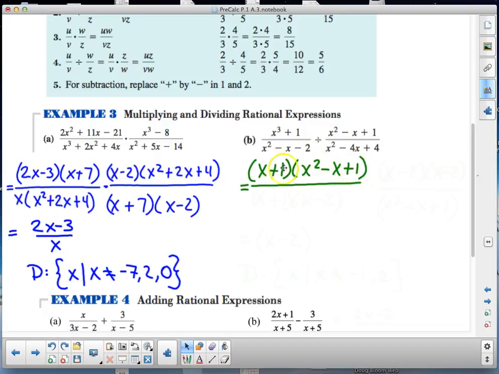And then we're looking at factoring this, which is x plus 1 and x minus 2. And here I'm going to flip-flop this. This is going to factor and be on top. So it's x minus 2 squared, x minus 2, x minus 2.